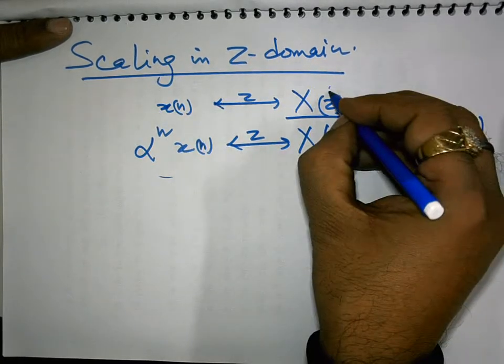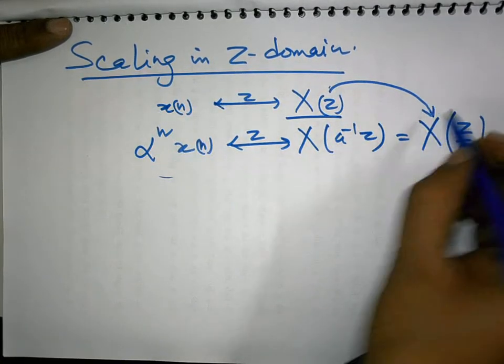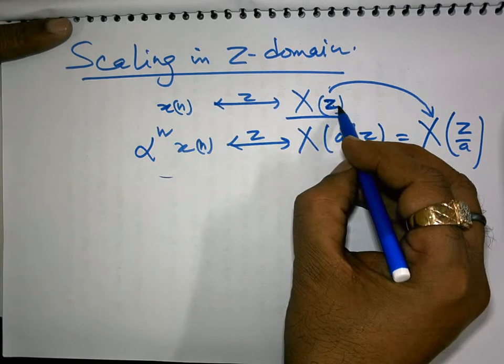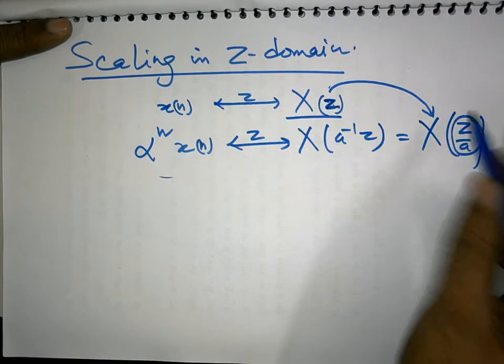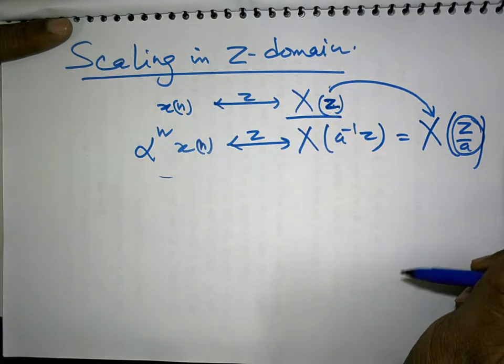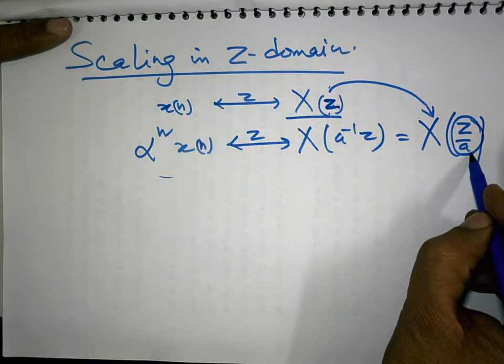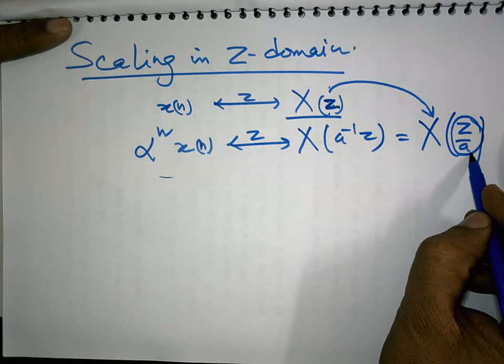It means that at all places where there was z in that expression, it will be replaced by z by a, and similarly the region of convergence will also be modified.